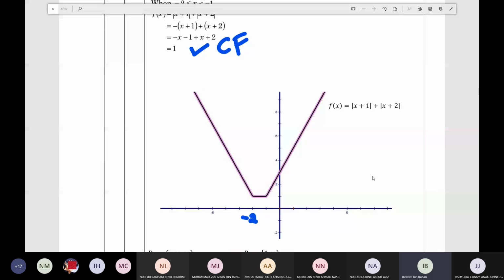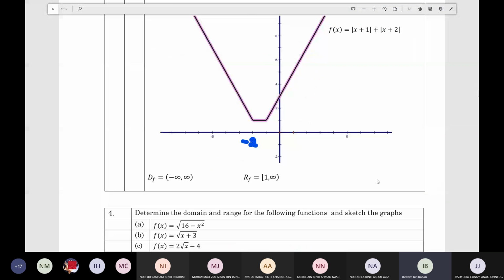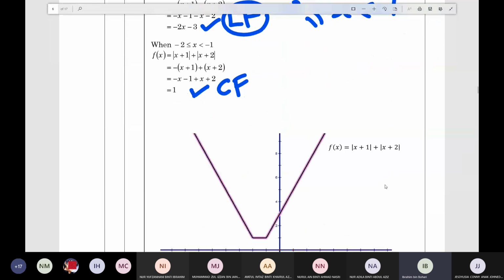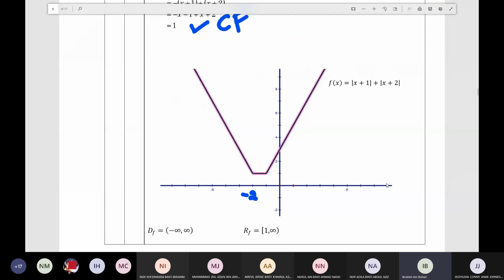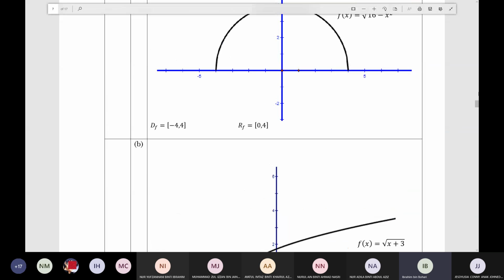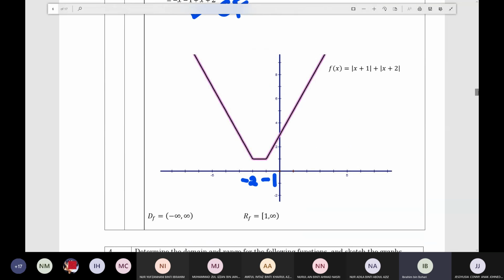Between -2 and infinity, you sketch the straight line. Here is for the linear function. And between -2 and -1 here, horizontal line, constant. And -1 to the positive infinity, you draw the straight line. Okay, dia ada tiga function kat situ. Yeah.